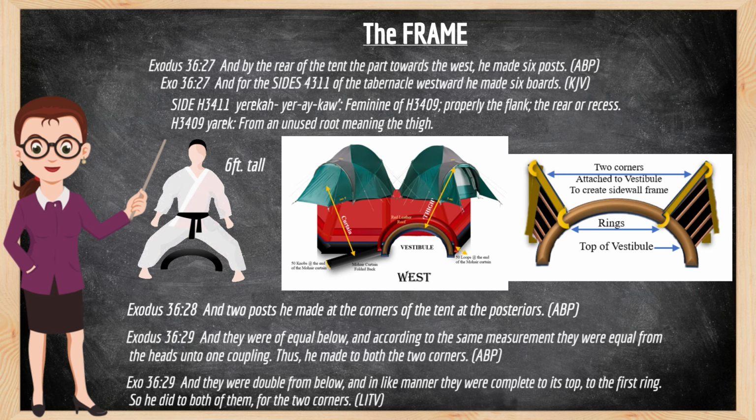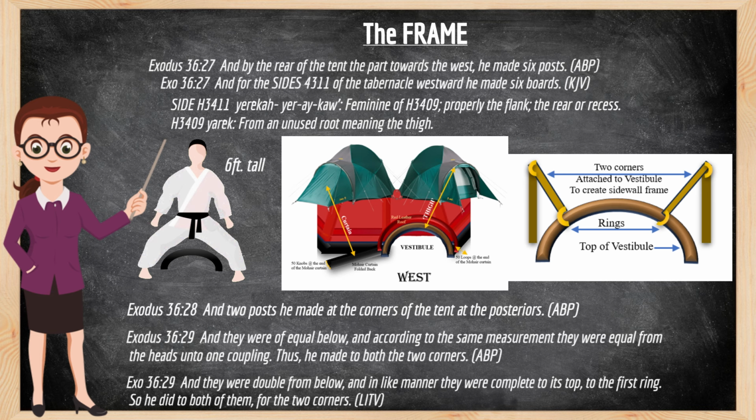The side wall supports are running horizontal, and these corner posts are running vertical. So these 2 posts are coupled overhead to reach the doorway frame with rings attached to their tops. So you have 2 posts for one corner and 2 posts for another corner. We have our arched vestibule doorway already in place.